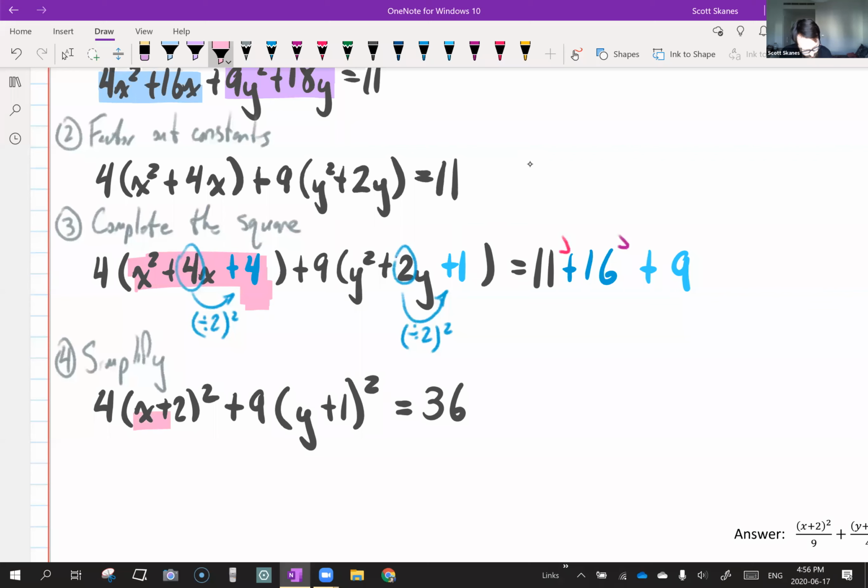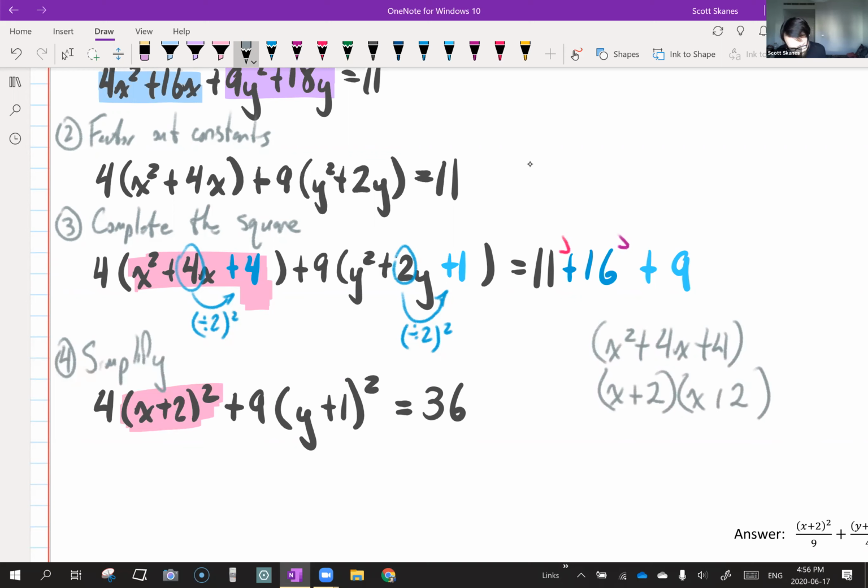Some students might wonder why this becomes this. I'll show you on the side. I'll erase it, but some of you get confused. So think of it like this: x squared plus 4x plus 4. If you factor that, what two numbers multiply to make 4 and add to make 4? It's 2 and 2, and they're plus.